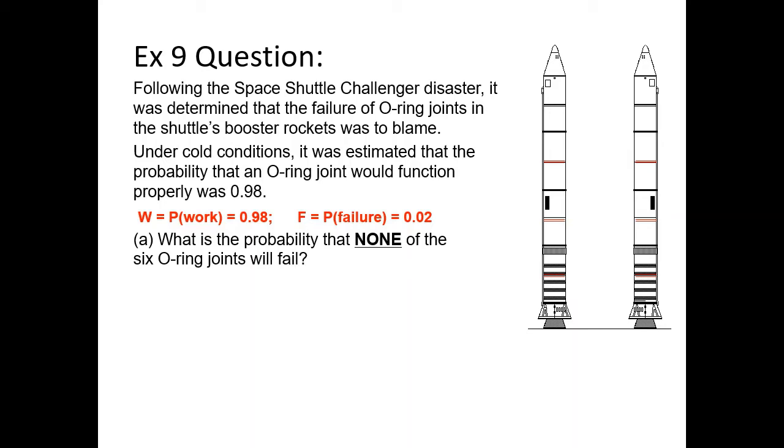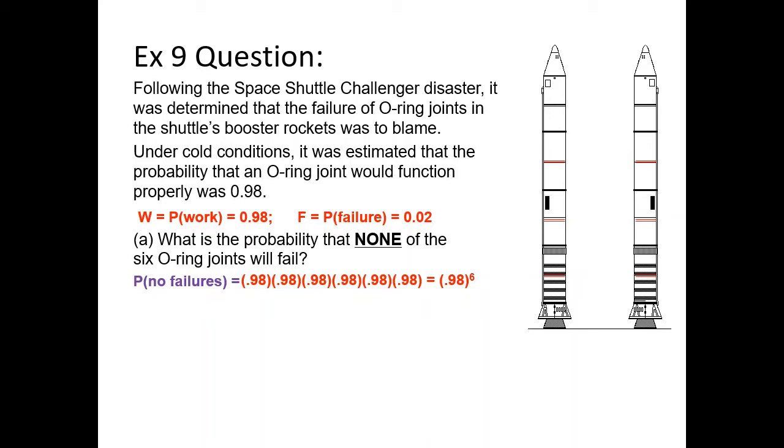All right, so how would we calculate the probability that all 6 work? Well, that would be, or no failures occur, all 6 work, would be 0.98 times 0.98 times 0.98, 6 times, or just 0.98 raised to the 6th power.